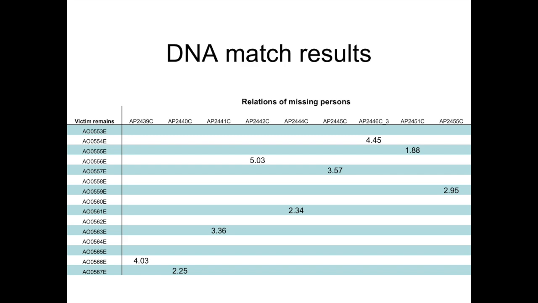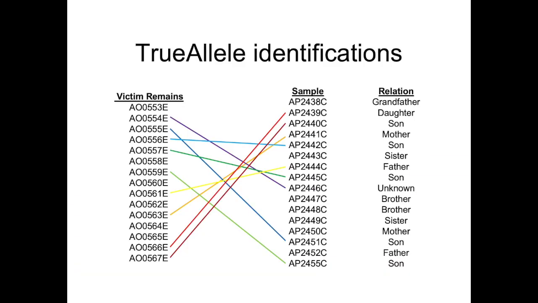The columns are the relations of those missing people. And the match statistics are, again, log values. They're typically around 2 or 3, which is about 100 or 1,000. And that's used to associate the victim remains with the families. Visually, if you look, these are the links that are found in the database along with those likelihood ratios.